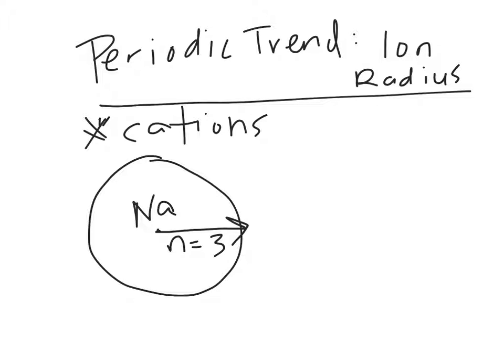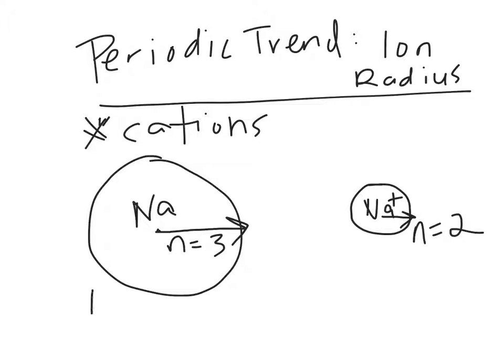However, when sodium loses an electron to become the sodium ion, now that radius only goes out from the center of the nucleus, and the new valence is n equals 2.